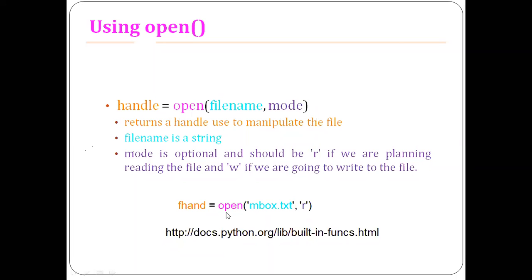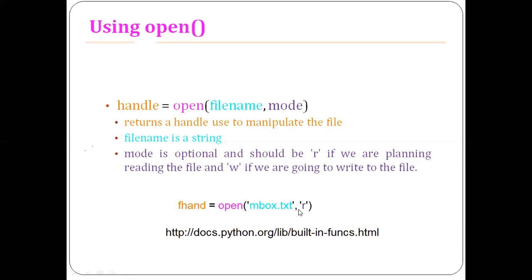Look at one example here. I have open, and I want to open the file called mbox.txt in read mode. The name of the file is mbox.txt, and the mode is read.